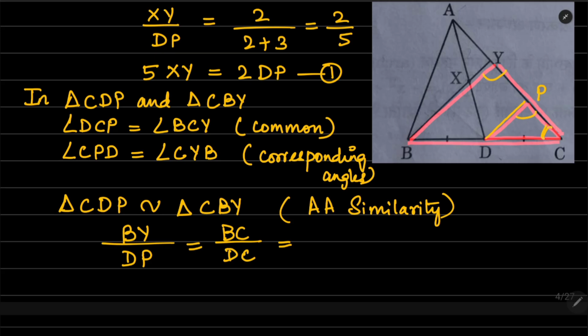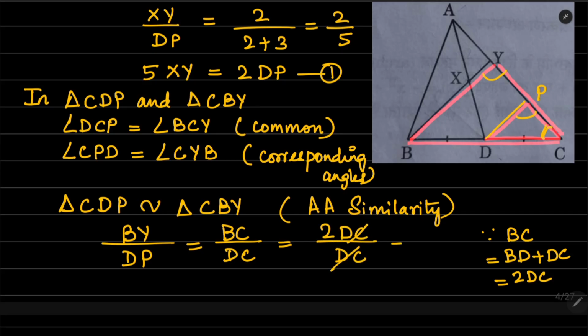Since BC is equal to BD plus DC, and BD and DC are the same, we can write this as twice DC, DC plus DC. So BC, I'll write as 2 times DC divided by DC. This gets cancelled, so this is nothing but 2 by 1.